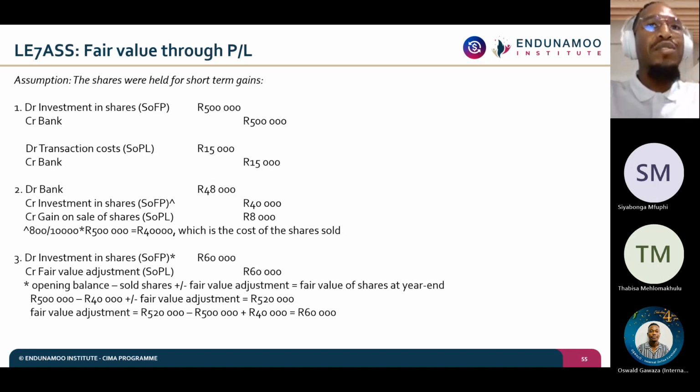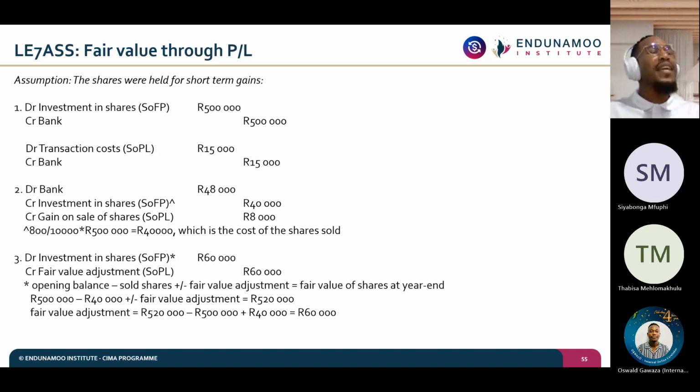Our carrying amount is our initial investment of 500,000 less the 40,000 that was sold. That means our carrying amount is 500 less 40,000, which is 460. But the fair value is 520, which means there's a difference of 60,000.